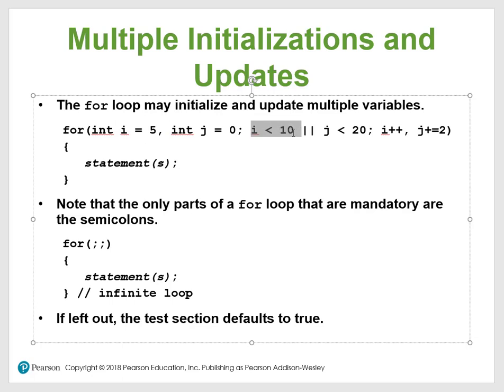If I is true, meaning 5 is less than 10, is true, it does this. And then if you look at how this is updated with the I and the J, it adds 2 to the J as well. Note that the semicolons of the for loop are mandatory. That's your basic structure right here.